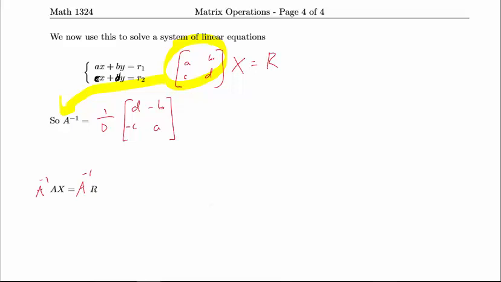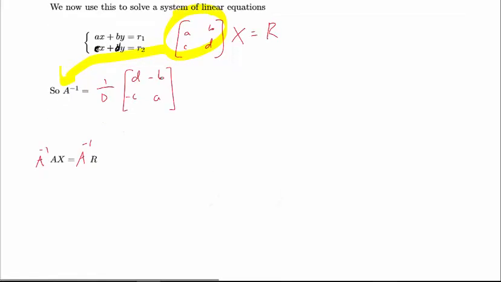Now when you do this, note that on the left-hand side we have the identity matrix times x equals A inverse times R. And identity times any matrix will just be the matrix itself.